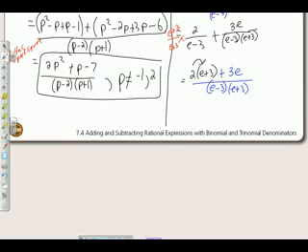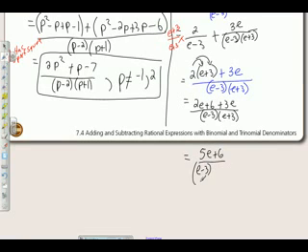Distribute in your 2. 2e plus 6 plus 3e over e minus 3, e plus 3. Combine all of your like terms, and you've got 5e plus 6 over e minus 3, e plus 3.